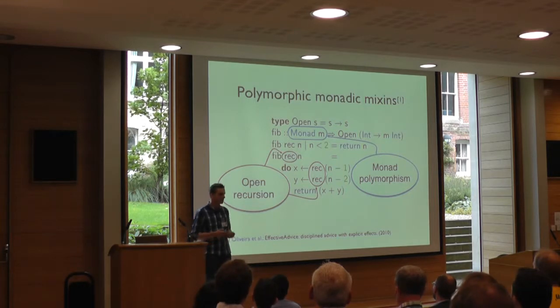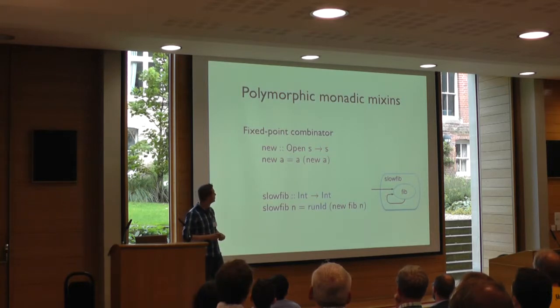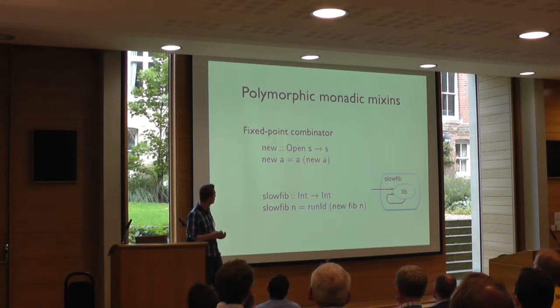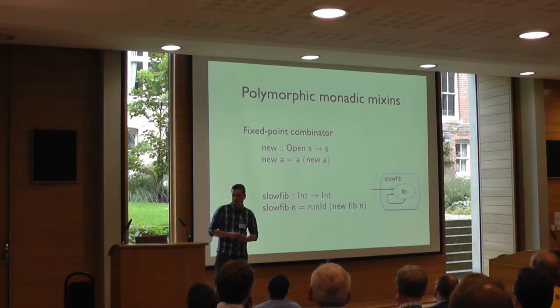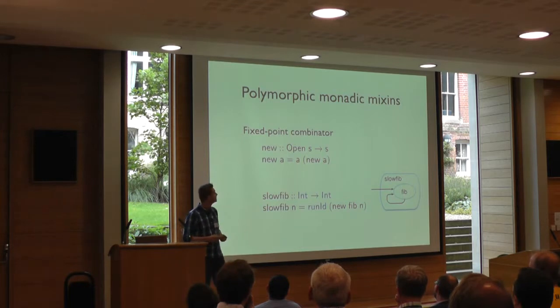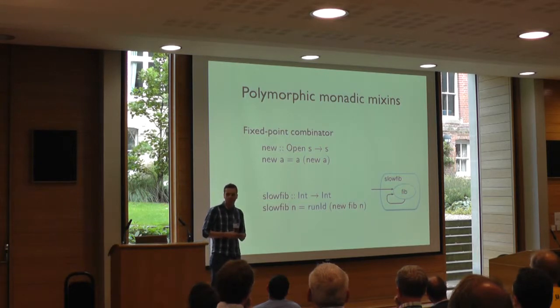So we say that it's a pure component. How can we define a Fibonacci function? Well, we can first close the open recursion, then pass ourselves in, which is done by new, and then run it in the identity monad, so we get a function which computes the Fibonacci numbers.